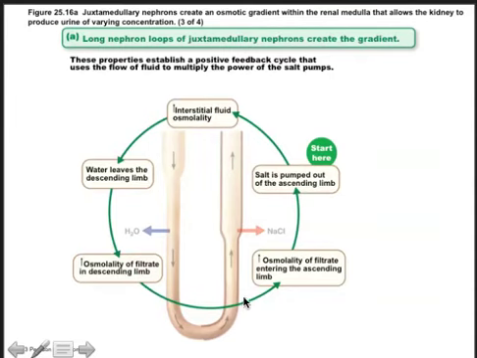The osmolality of the filtrate entering the ascending limb is very high. As a result, we pump more sodium and chloride out per unit time. The salt is pumped out of the ascending limb, and then we're back to the cortex. Okay? So over and over and over again, we establish this interdependent relationship.